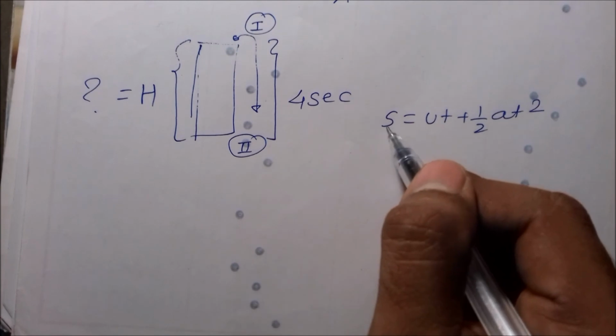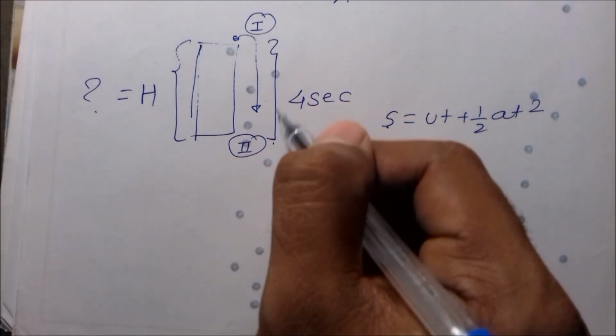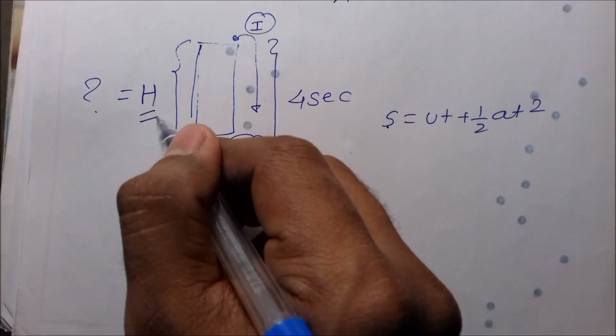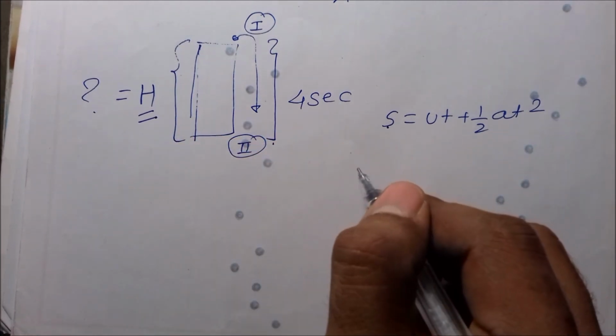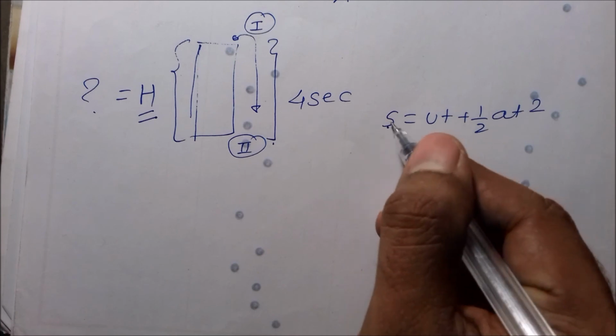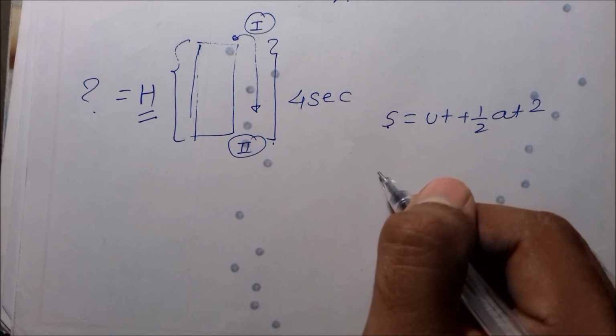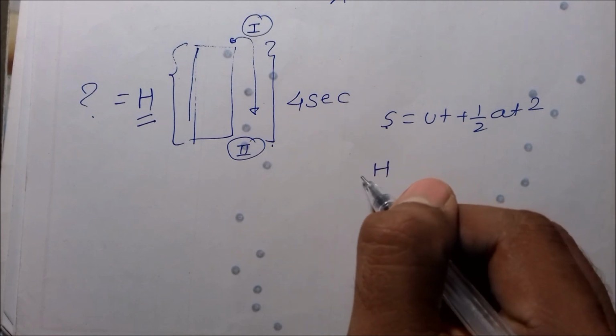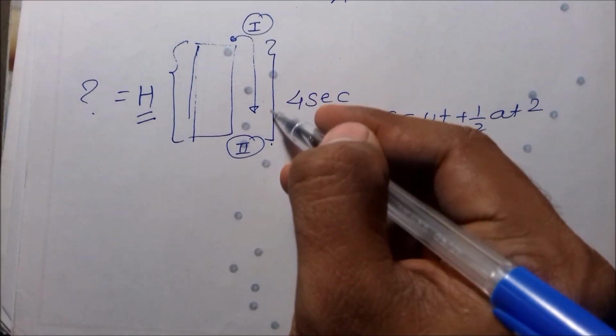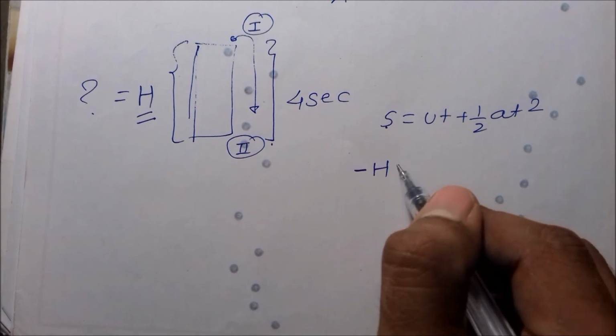Displacement s is in the downward direction and that displacement is h. If we keep s as it is, then no signs, but I am putting s as h, therefore I have to put a sign. Displacement is in the downward direction, therefore minus h.